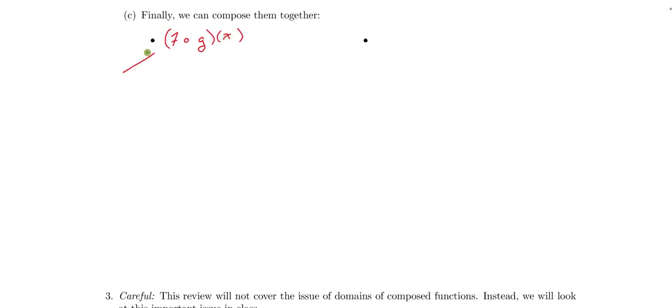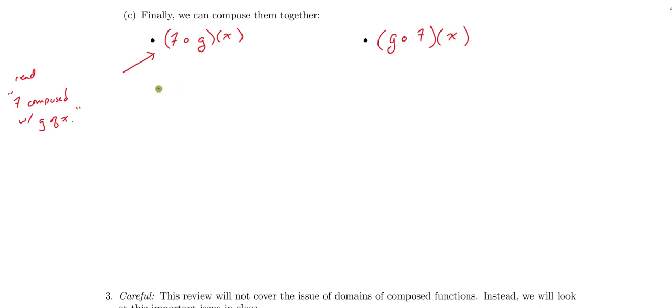So I can compose the two together. And composition is generally not commutative, meaning changing the order, saying f composed of g of x is different than talking about g composed of f of x.